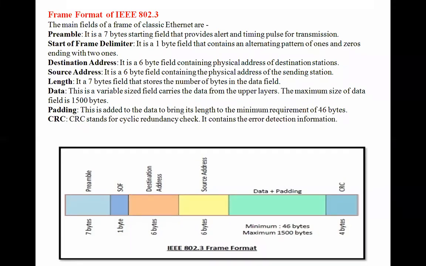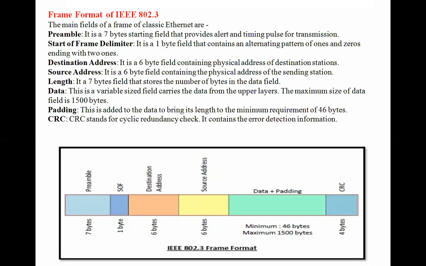Why are you going to add these ones and zeros? So that the particular receiver comes to know that yes, the data or the packet is starting from this.